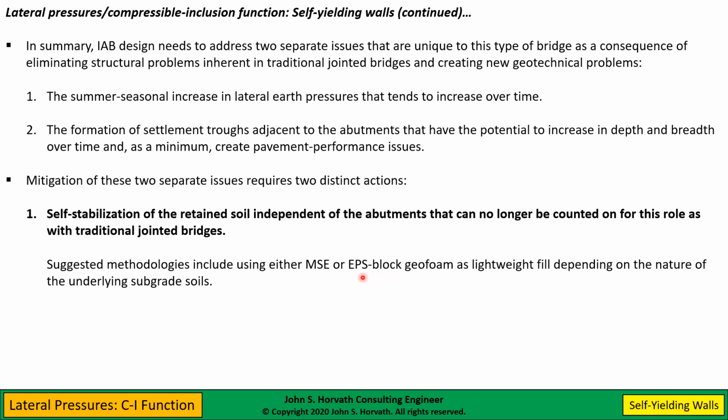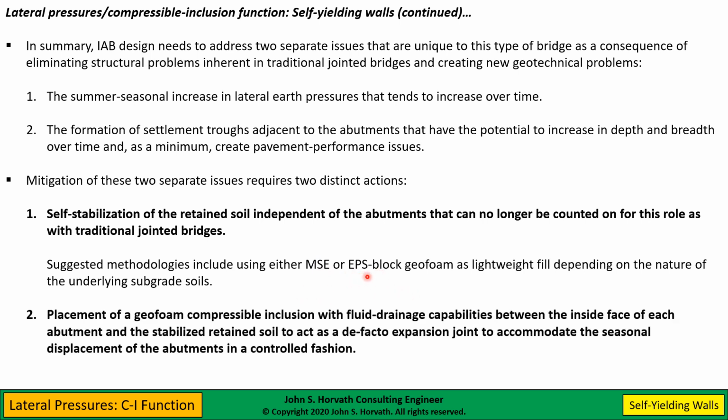If the underlying soils are soft and compressible, so you want to worry about settlement due to the retained soil, then it's going to be worth the money to use the EPS block geofoam as a lightweight fill. If the underlying subgrade is competent, then the MSE option is the way to go.